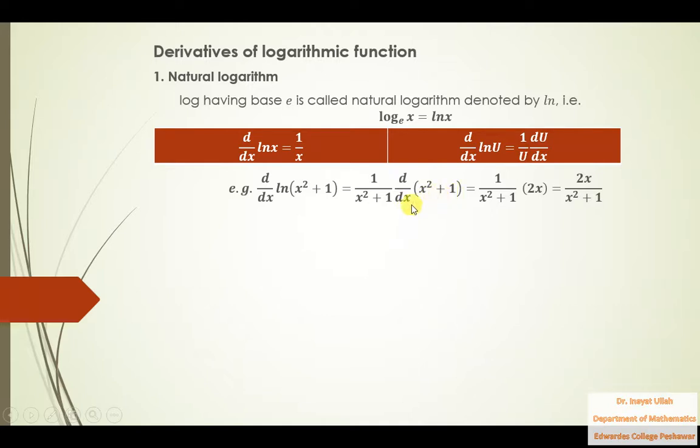The derivative of x squared is 2x, and the derivative of 1 is 0. So 2x into 1 is 2x divided by x squared plus 1. So that's how we use the formula for derivatives of the natural log of a function.